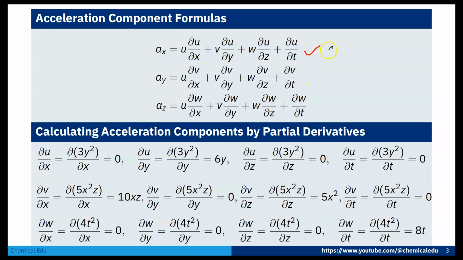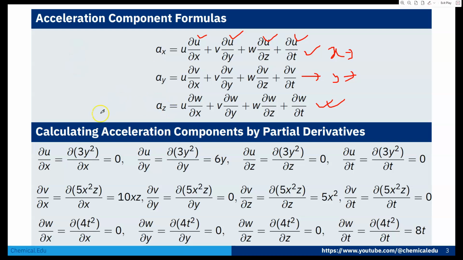Similarly, we have the y component and the z component of acceleration. Now we know u, v and w, so we have to take the partial derivative of each term and plug in, and then we'll get the acceleration in each individual direction.